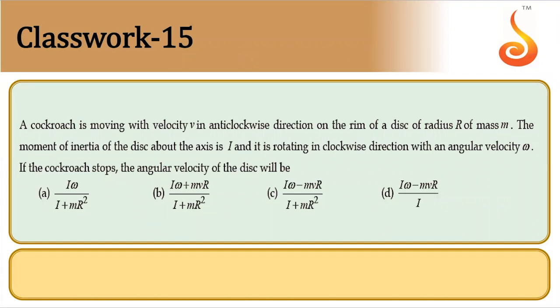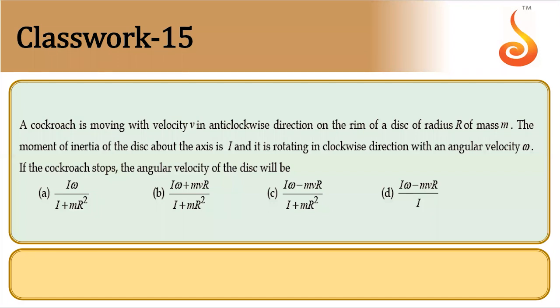Next, a cockroach is moving with a velocity v in anti-clockwise direction on the rim of a disk of radius r and mass m. Moment of inertia of the disk about the axis is I, and it is rotating in clockwise direction with an angular velocity omega.